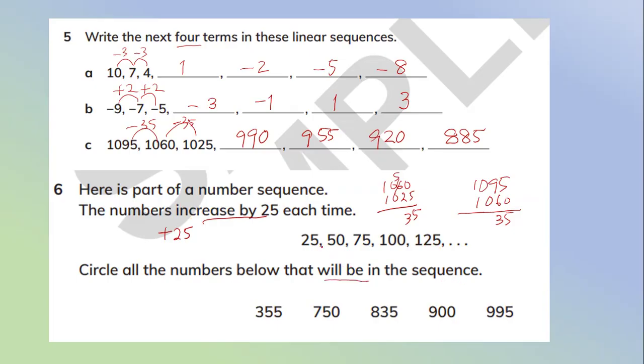So our terms end with 50 or 00, 50 or 100. So it will be 750 and 900, not 55, not 35, not 95. The only two are 750 and 900. They will be in the sequence.